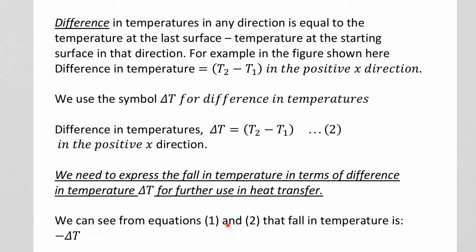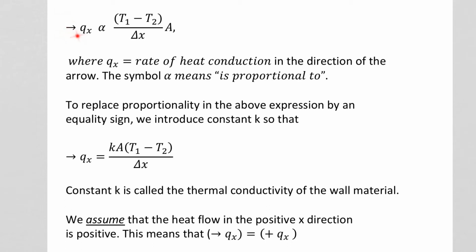We can see from equations 1 and 2 that fall in temperature is minus delta T. Thus, Qx, that is heat flow rate in the direction of this arrow, is proportional to T1 minus T2 divided by delta x into A, where Qx is the rate of heat conduction in the direction of the arrow. The symbol alpha means is proportional to.